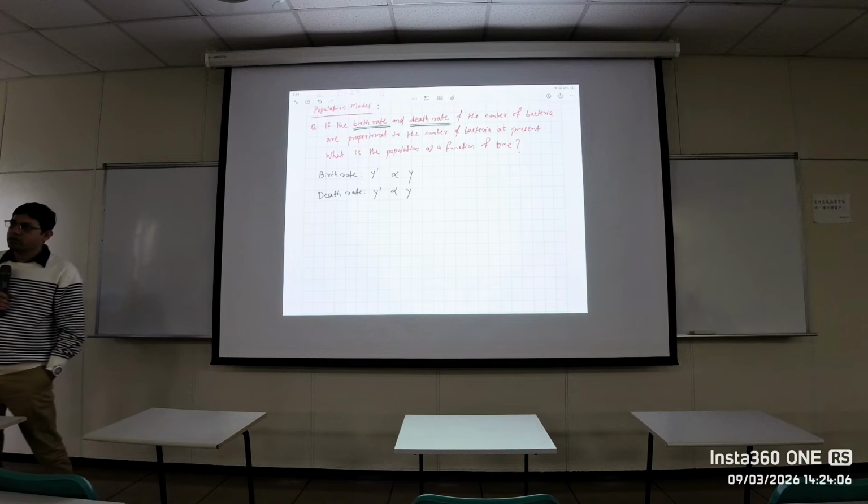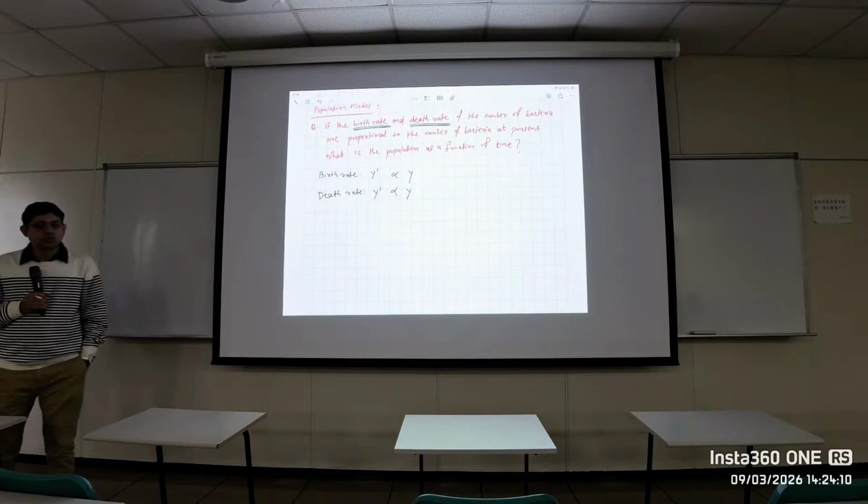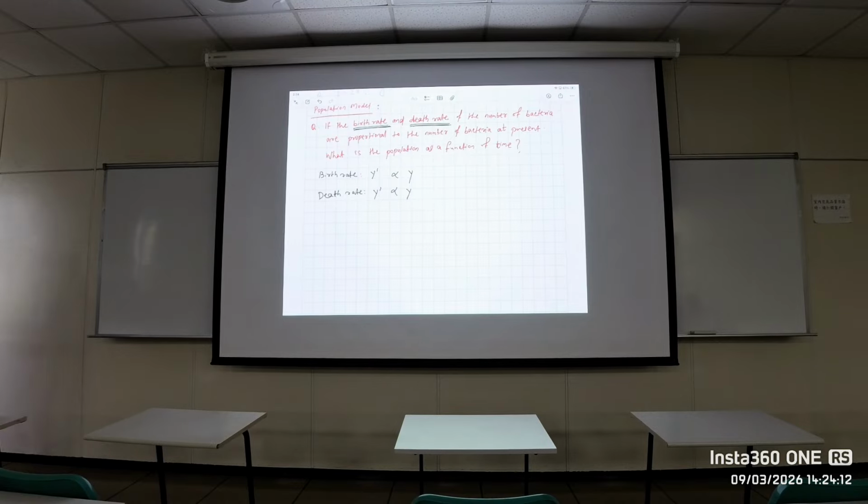If Y is the population of the bacteria, I am taking birth rate and the death rate.